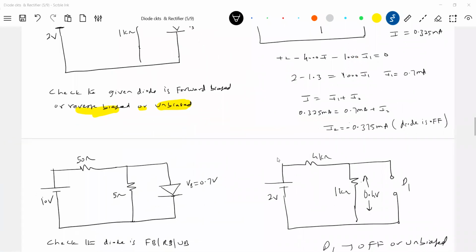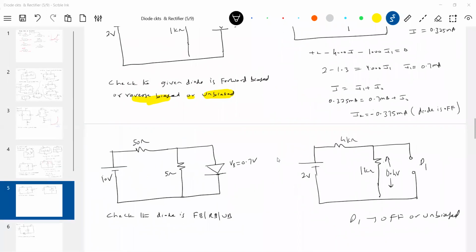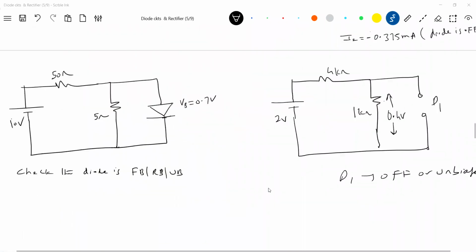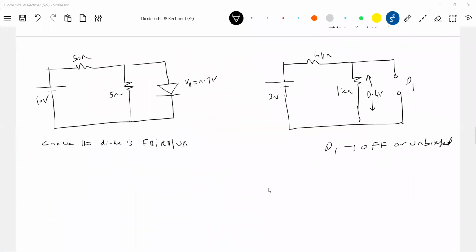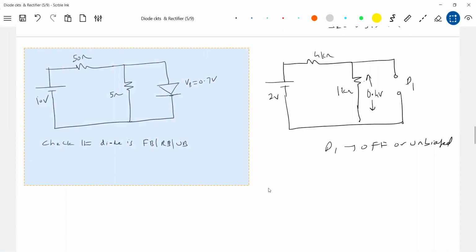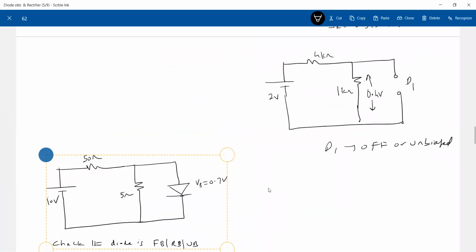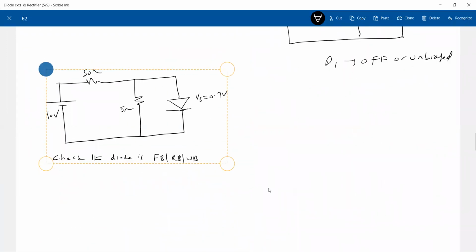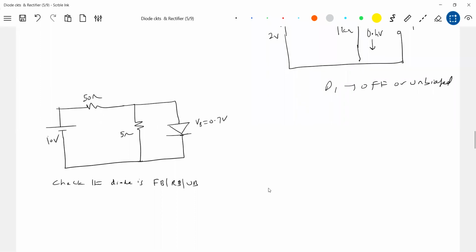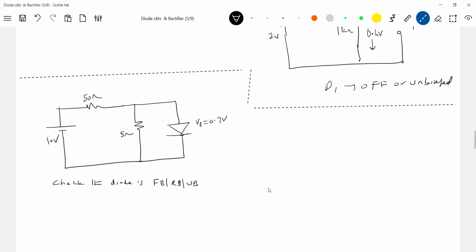Okay, that reverse bias, unbiased, I just wanted to give clarity here. Better say unbiased or off. Okay, now let's come to the next part of the question. I'll shift it down. Read the question.